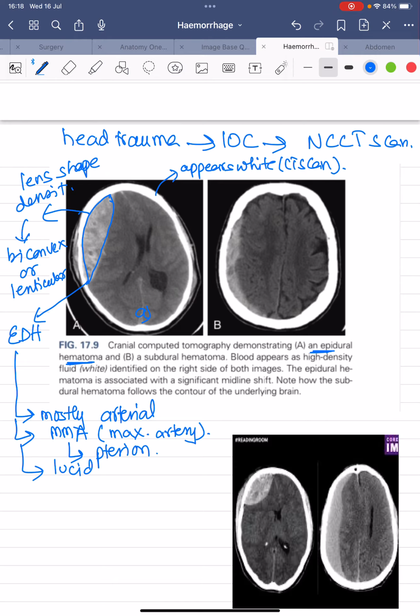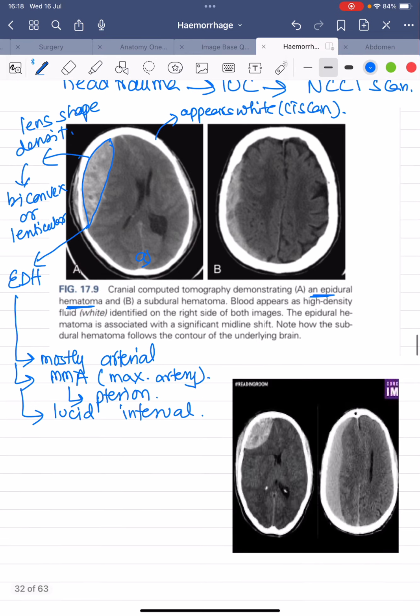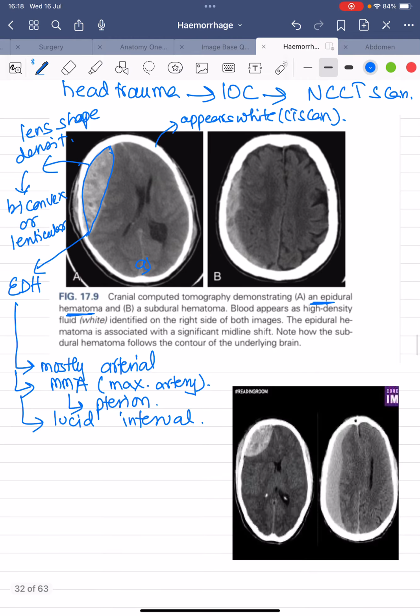The investigation of choice, again, will be non-contrast CT scan. And a very important thing to remember is that this bleeding is not going to cross the suture lines.